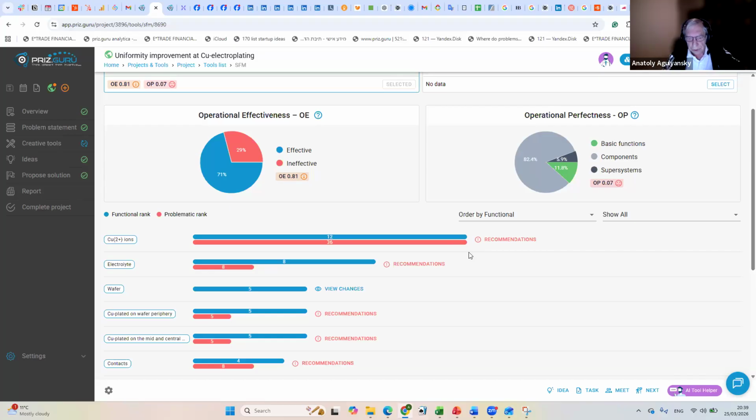So no contacts, no thin seed layer, no electrolyte, nothing, only copper ion. And we have to think, we have to leave aside everything and start thinking how copper ion behavior can generate a non-uniform deposition. Let's try to remind ourselves what happens in the electrolyte.